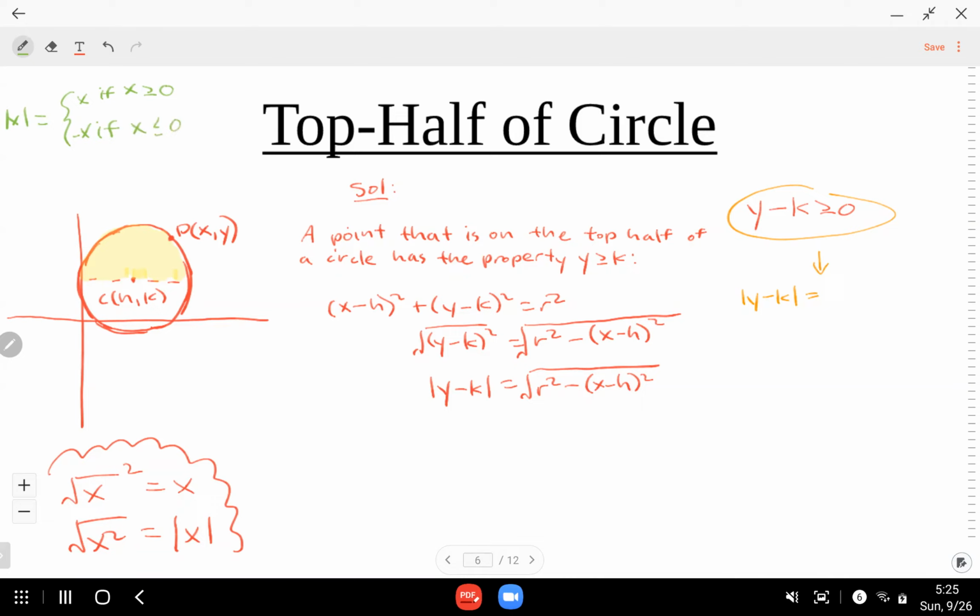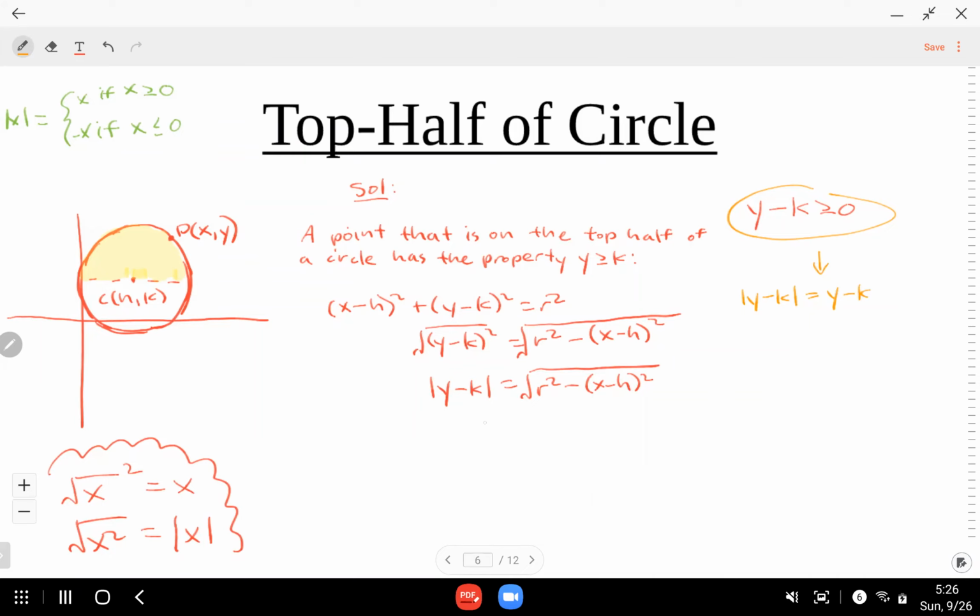That is the definition of absolute value. Since y − k is greater than 0, the absolute value of y − k is going to be just y − k, because it's positive. It's just y − k.